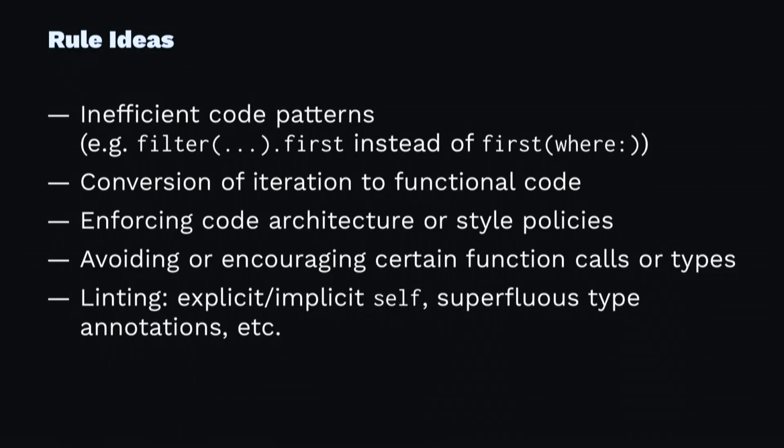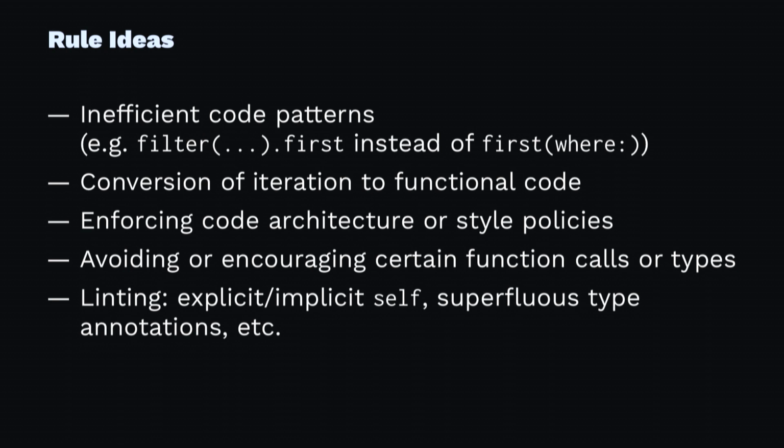So I mentioned there's a ton that can be built on top of these primitives and on top of this information. So for example, you could find inefficient code patterns in your app, which can be indicative of bugs or simply just opportunities for optimization.